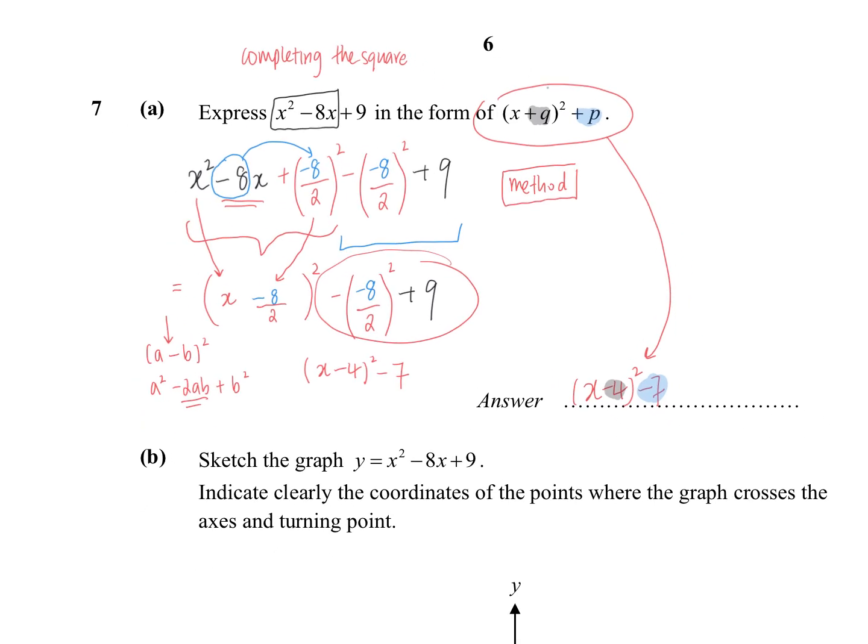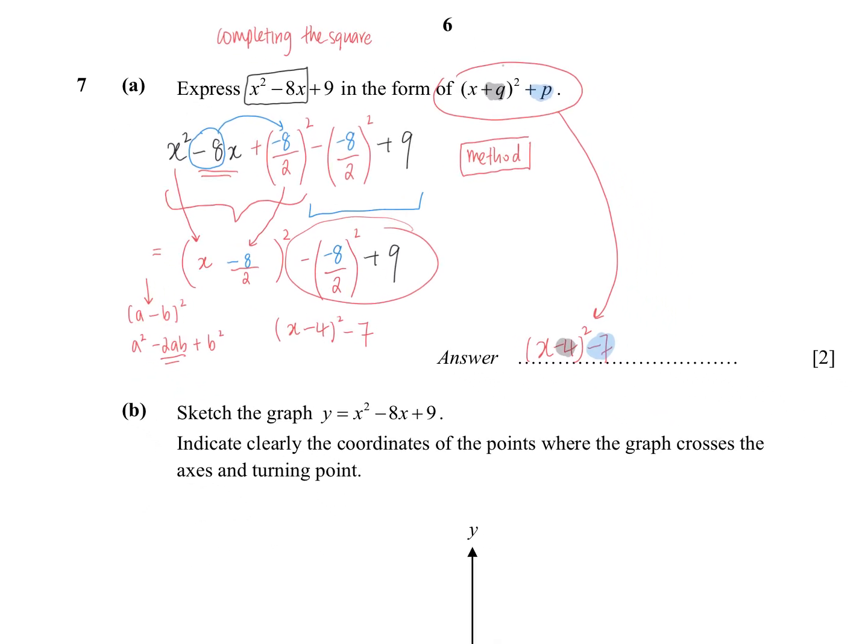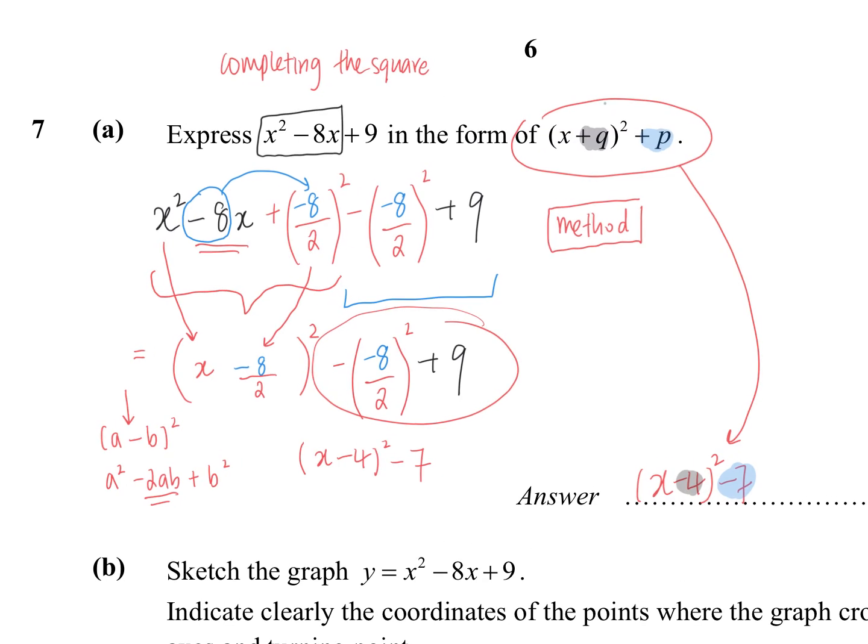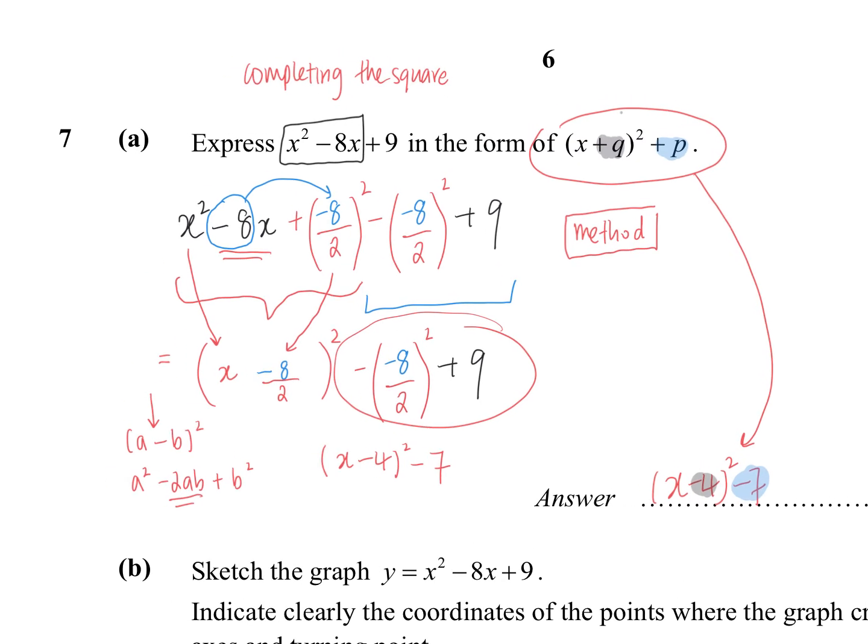Okay, next one is sketching. Okay, let you finish copying this first. Okay, all this is your chapter 1. This is chapter 1.2, completing the square. This is chapter 1.6, sketching.